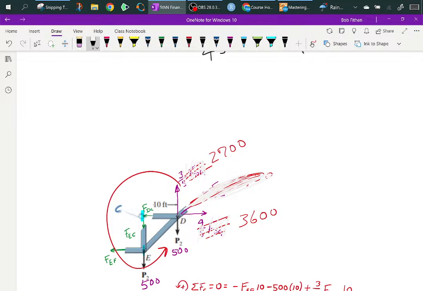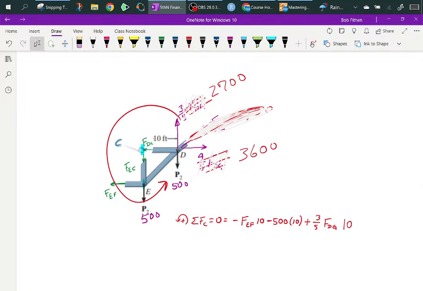So now, instead of doing it the way I did, I'll do it this way. I got my 2700 spinning around. Let me make sure I got this one. I got my 500, then I got my 2700 going the positive way, and then a 10.